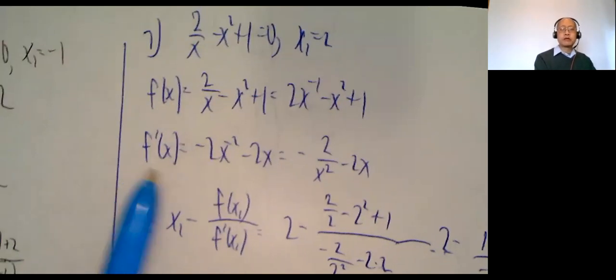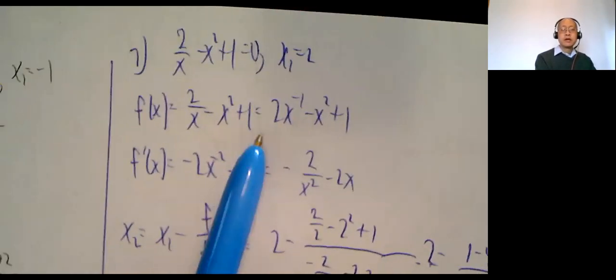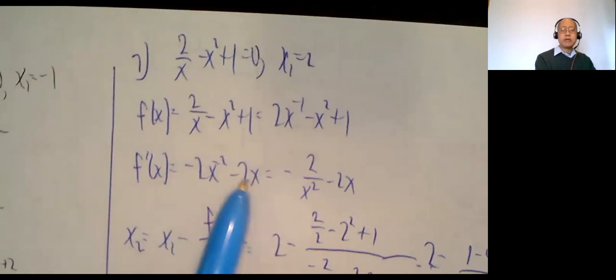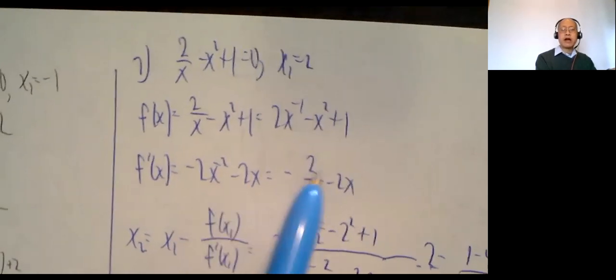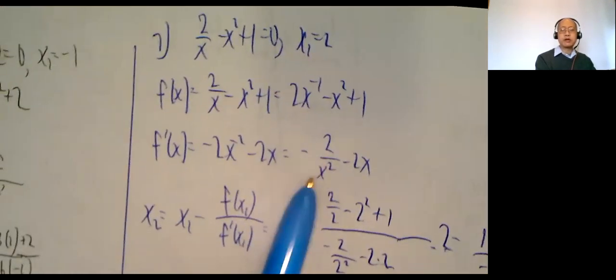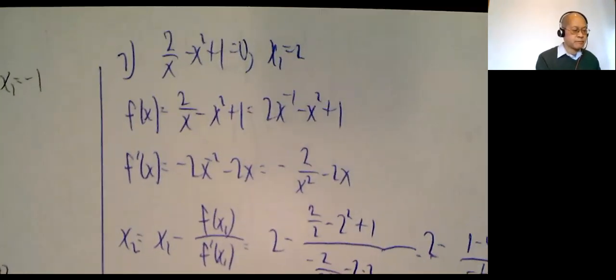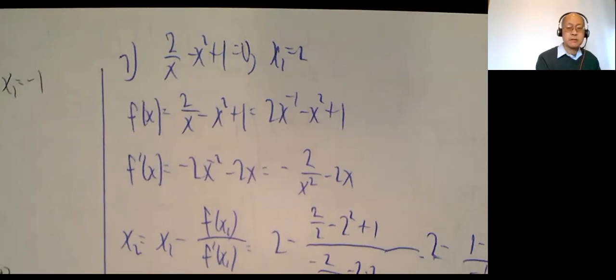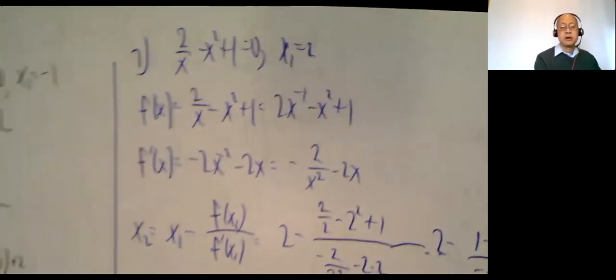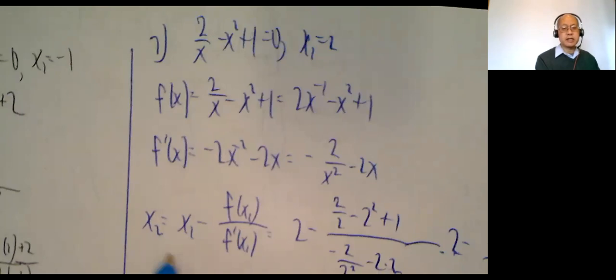F prime, what's the derivative of this? Negative 2x to the negative 2 minus 2x. Then rewrite it better for algebra as negative 2 over x squared minus 2x. Now I start the iteration process.